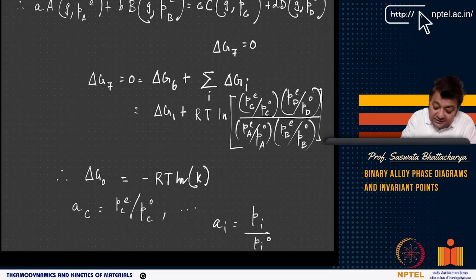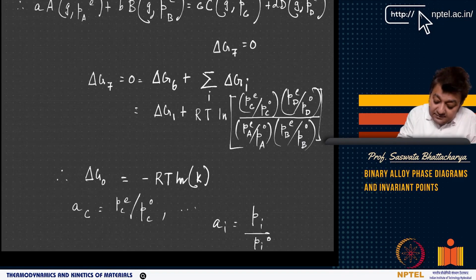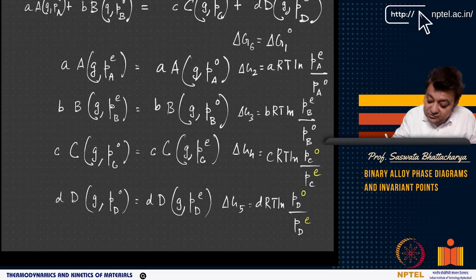Because they all are at equilibrium, delta G7 equals 0. Delta G7 is nothing but delta G6 plus the summation over i of delta Gi, and delta Gi is given by this, like delta G2, G3, G4 and G5.